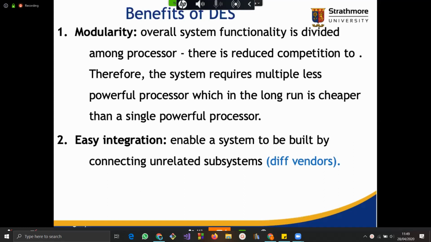For example, company X may do very good systems for measuring temperature, so you can have one node designed by company X. Then company Y does a very good job at designing fans, so you can have another node that implements the design from company Y.